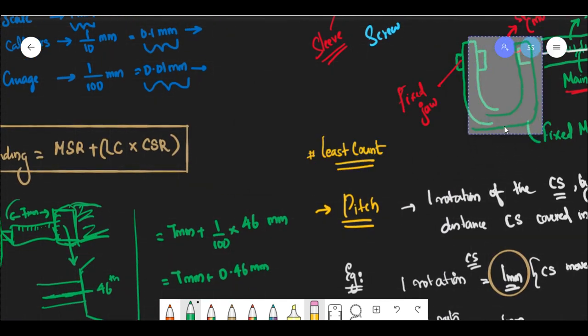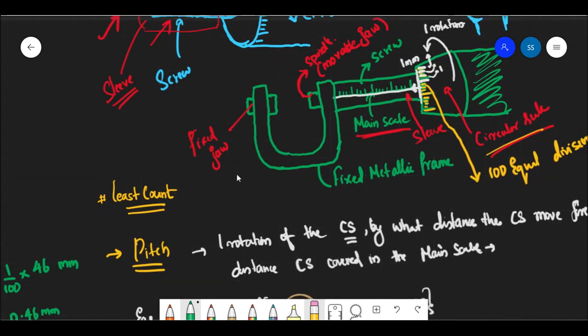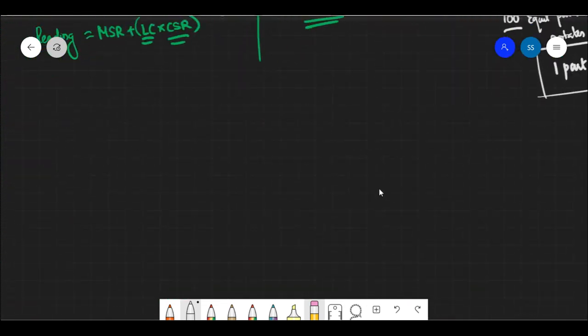Listen, when we rotate this circular scale and it moves forward and forward, and when these two meet, when they are close together, and the zero line over here and the zero line of the main scale are in the same line, we can say that there is no zero error, right?